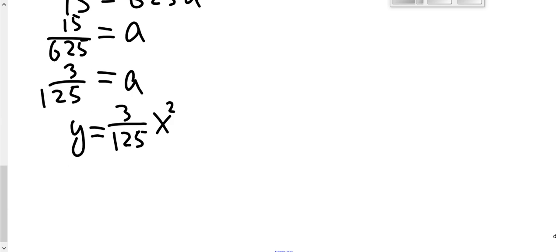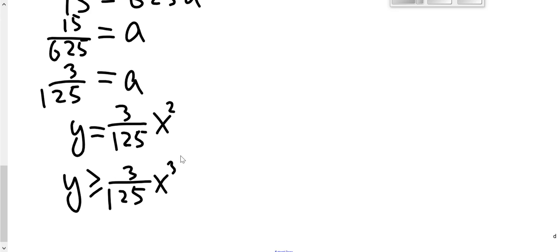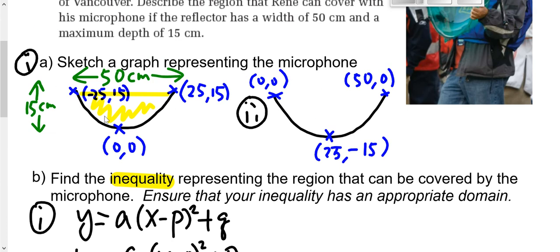So y is greater than or equal to 3 times 1 over 25 x cubed. Because if you try to make a dotted line, it looks kind of weird.